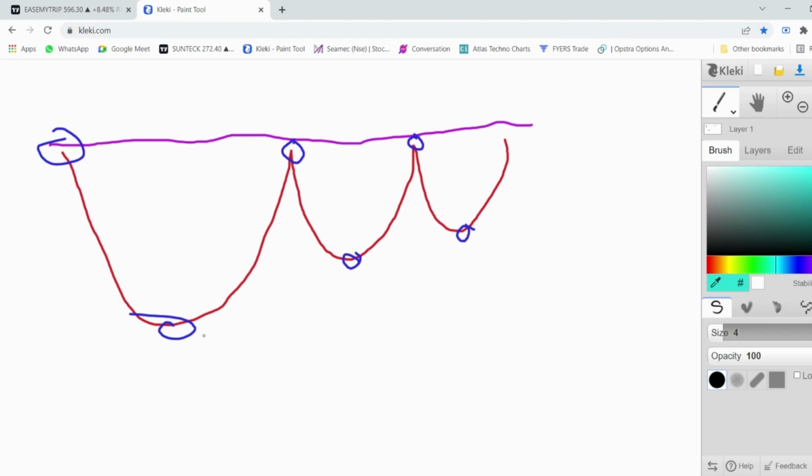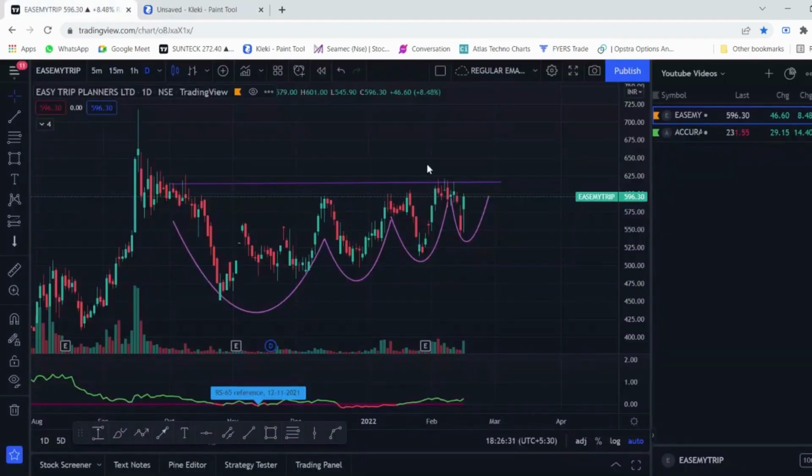So this is a classical structure of a volatility contraction pattern, where the breakout happens on very good volume, and the breakout should definitely happen on good volume before you enter a trade. In this case you see there are four base formations where the pivot point is at around 615 rupees. So you can enter this stock above 615 rupees.